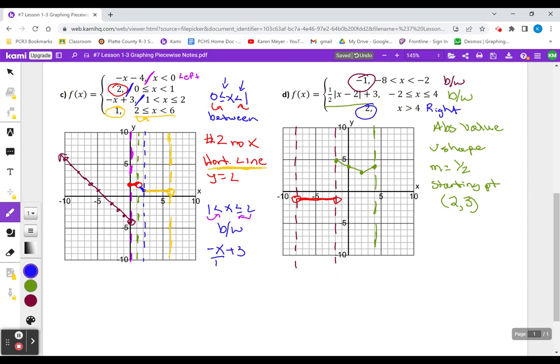Just the number 2 is a horizontal line. So find 2 on the y. Go over to where it meets my dash line. And we're going to draw a horizontal line forever to the right. And then this one doesn't have the bar, so where it intersects, make that an open circle, and we are done.